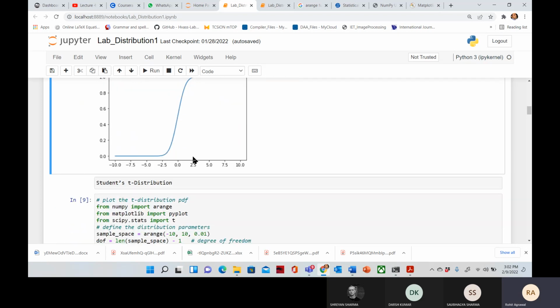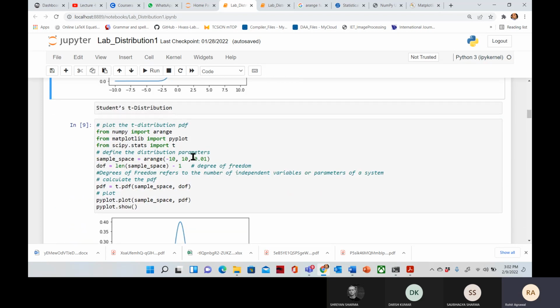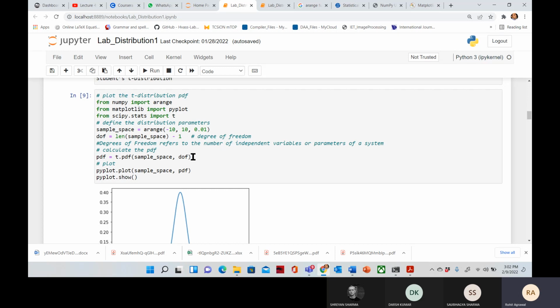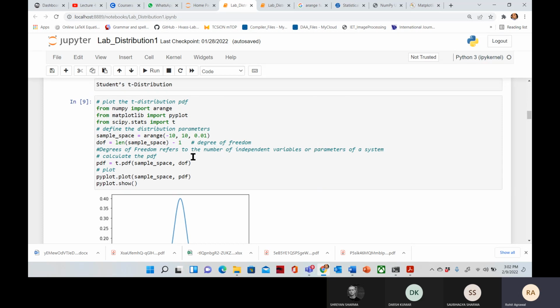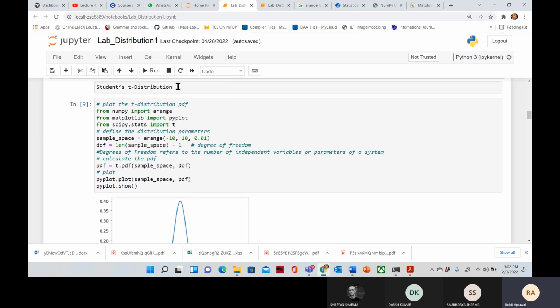I will also show you one or two more distributions just for your understanding. Another distribution is the Student's t distribution. I'm not going to discuss the formula for this.